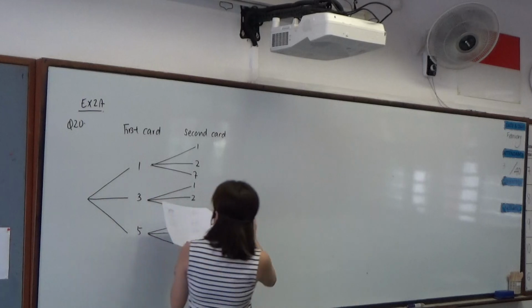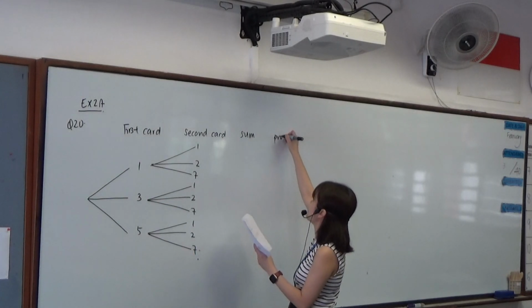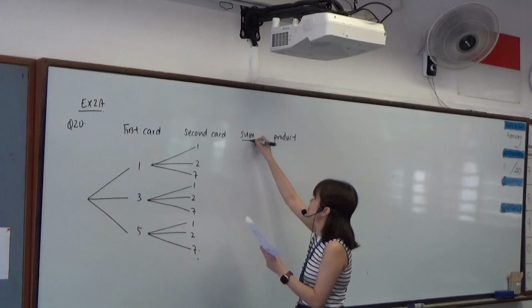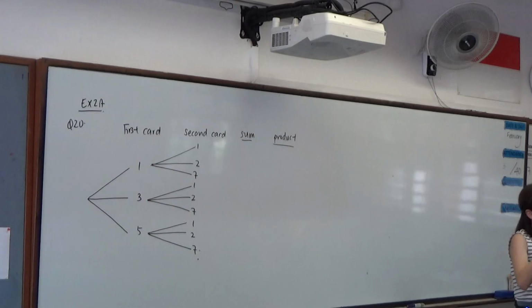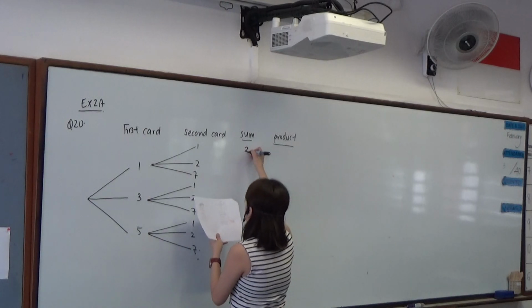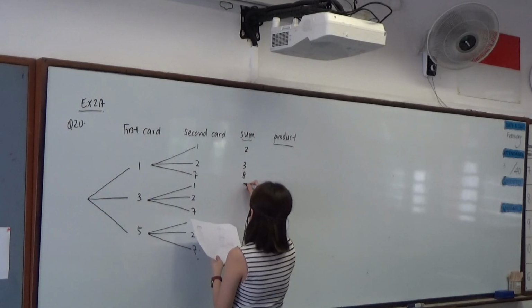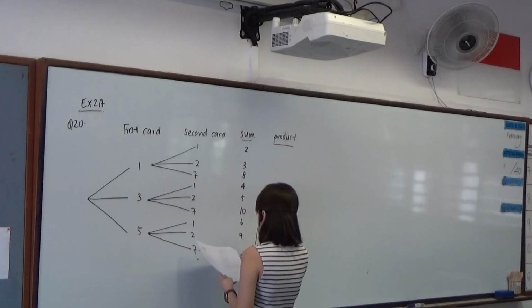And then in question 20, you are supposed to have a sum column and a product column as well. I think one person went on to do a possibility diagram for sum and product. Well, that's fine, but you're not using the tree diagram, you see. So in this case, we should be having this.